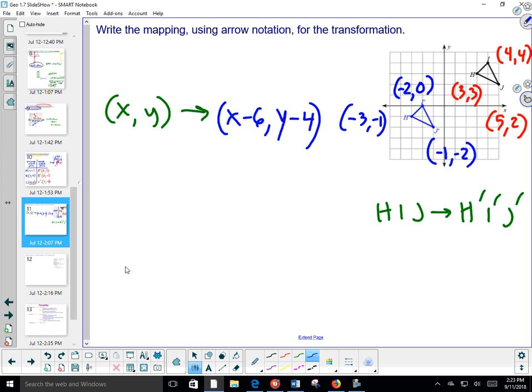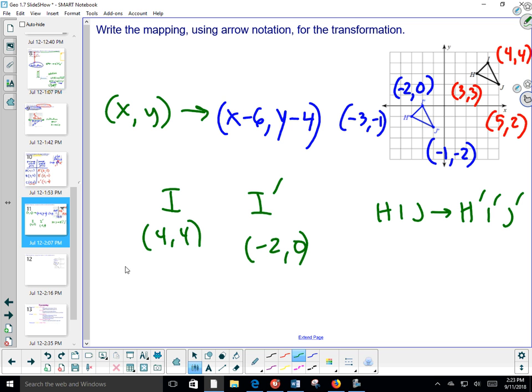I took one of the points and I subtracted. I is 4, 4, and I prime is -2, 0.